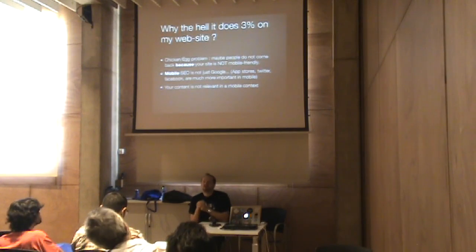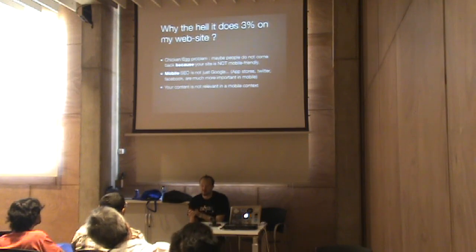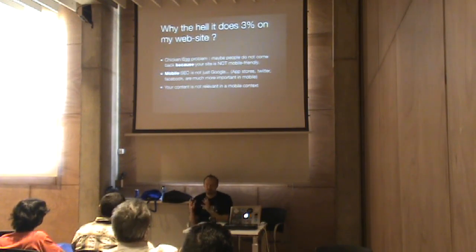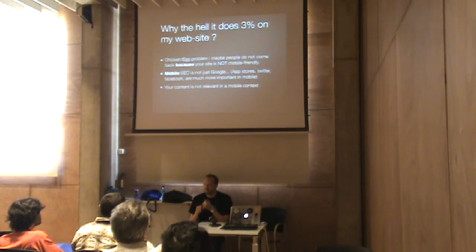So usually clients say to me, why the hell do I have only 3% of mobile traffic on my website in Google Analytics? Well, it's a usual problem. Maybe because your website is not adaptive to mobile, is not mobile oriented. That means that guys come one time and never come back. And also you have to think that mobile search engine optimization is not just related to Google.